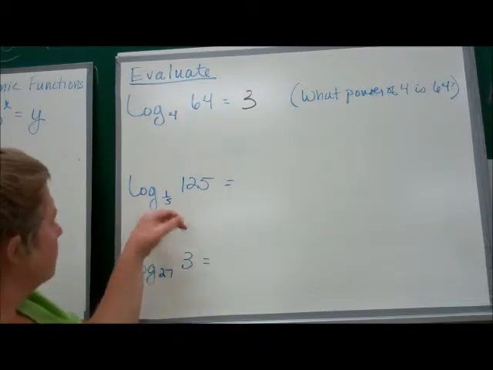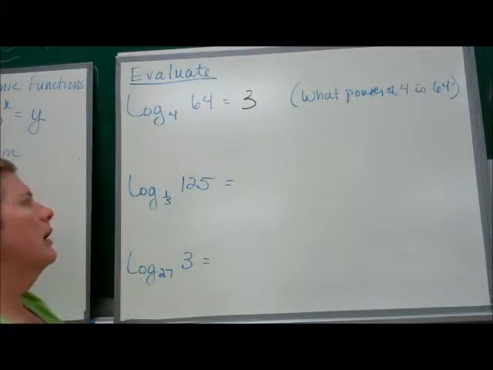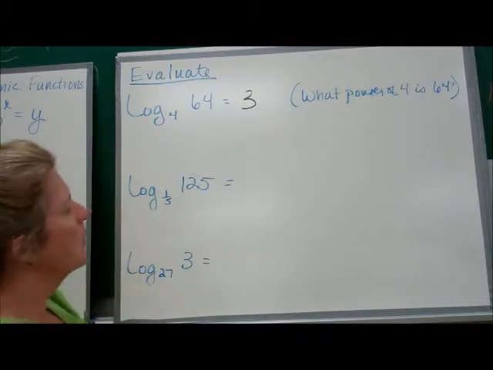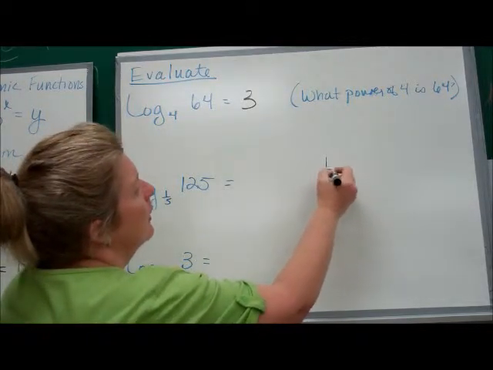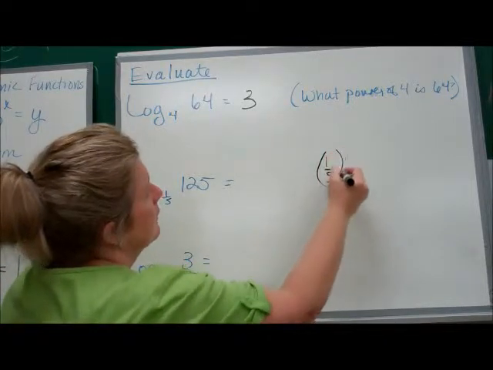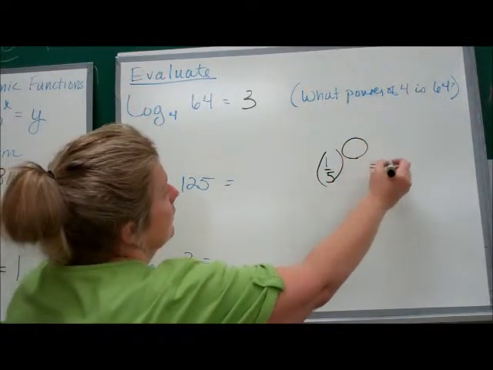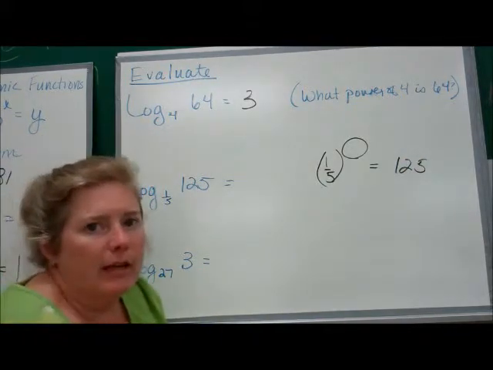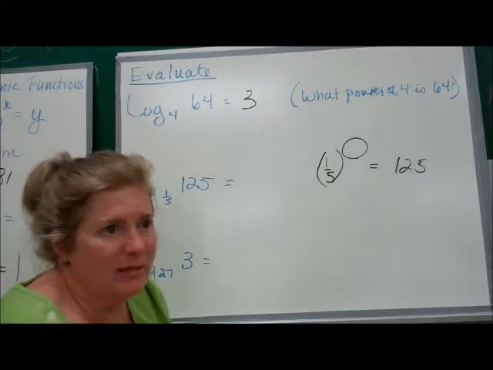Here's another one. Log base 1/5 of 125. So you ask yourself this question: 1/5 to what power is going to give me 125? Now, you can't forget about positives and negatives.